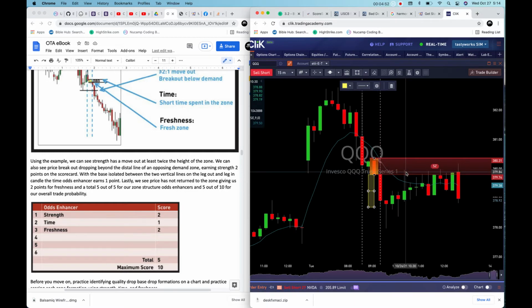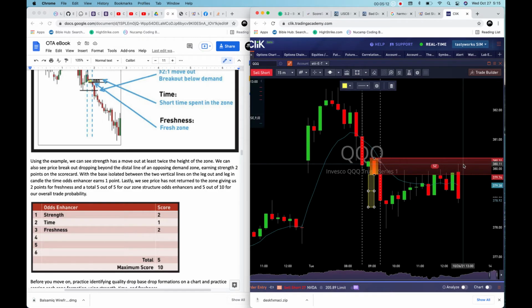However, freshness is looking a little poor. We have the zone penetrated here, here, here, here, here, here, and here. So we see that price is actually gone beyond 50% of the zone.